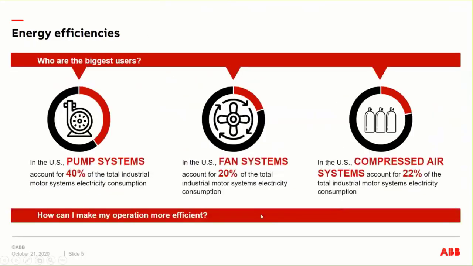And when you have systems like pump, fan, and compressed air systems that make up the majority of HVAC applications, consuming 40, 20, 22% of the overall demand of that 1/3 of the electricity that's consumed, that's a sizable area to focus on when going after energy savings.